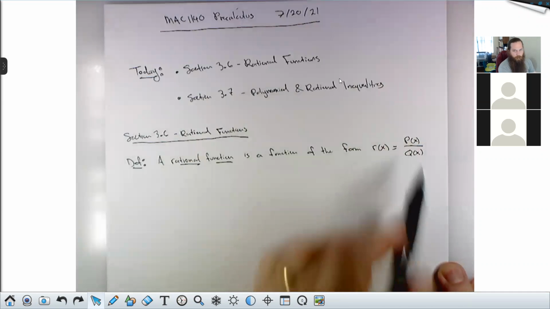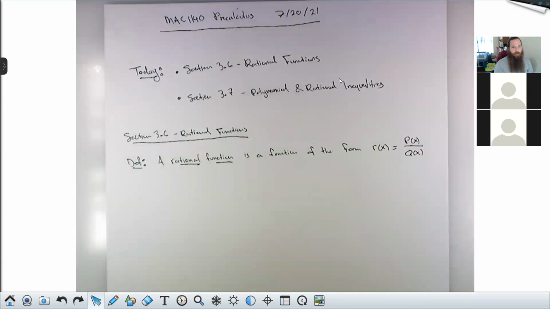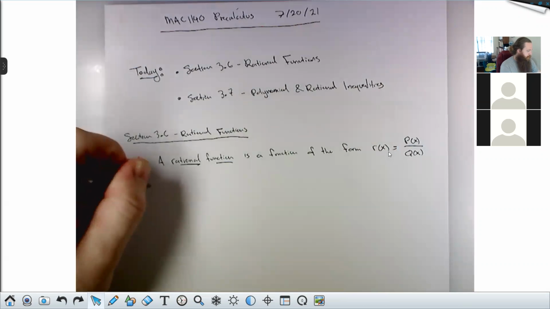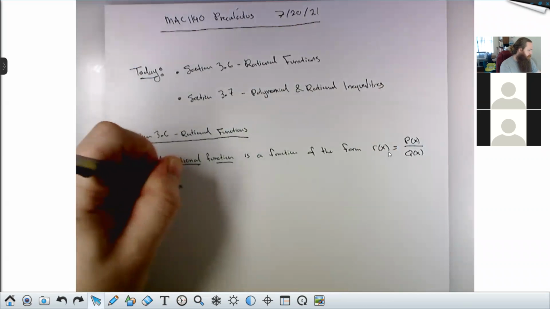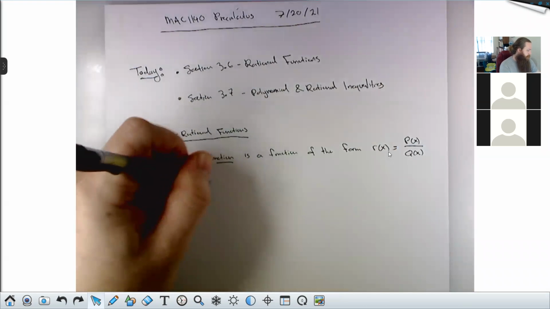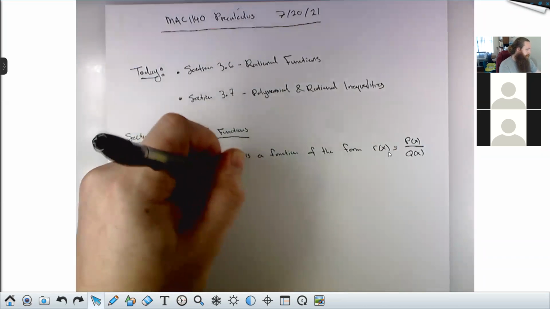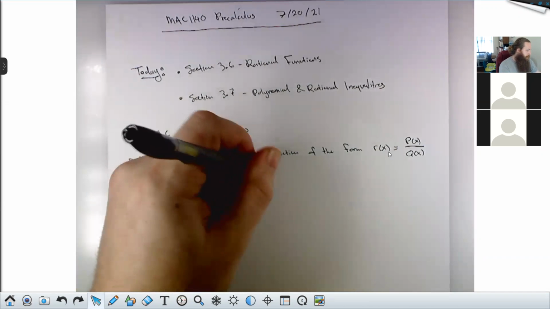And p and q, you remember those guys from the section on dividing polynomials, both represent polynomials, and that's the same thing here. So where p of x and q of x are polynomials.